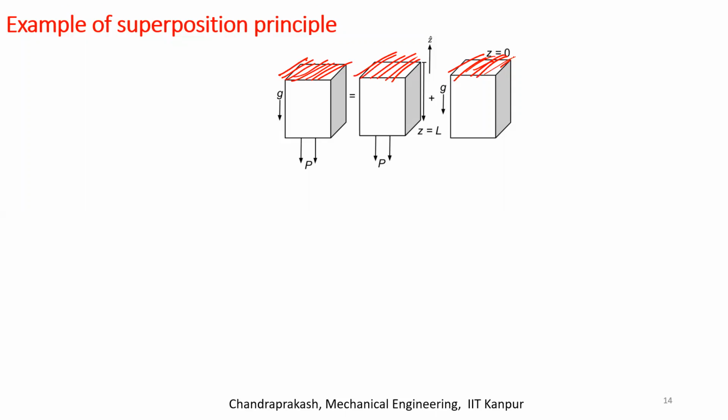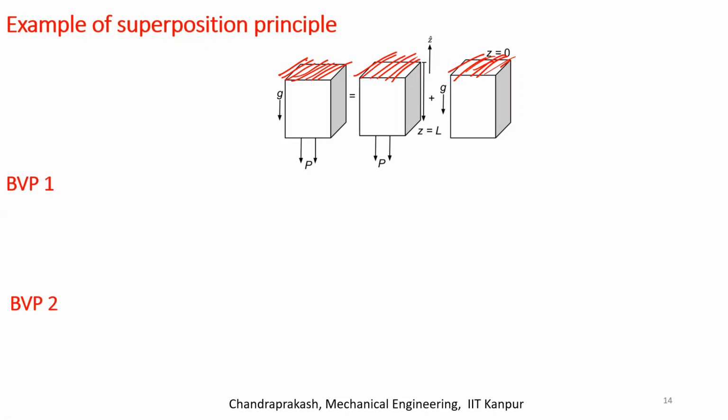So I have an object which is fixed on its top and gravity is active, and I have a load P which is acting on the opposite face from the one on which it is fixed. How do I use the superposition principle?